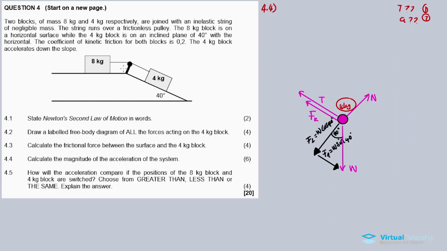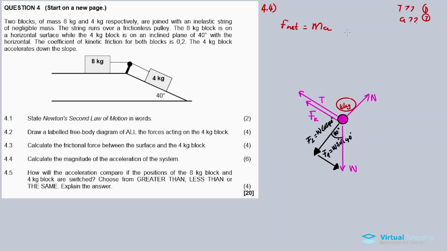It's because the 4 kg block moves down the incline. So you set up your equation this way: F net equals mass times acceleration. Since the 4 kg block is moving down the incline, you take all the forces parallel to the incline, which will give you the net force.